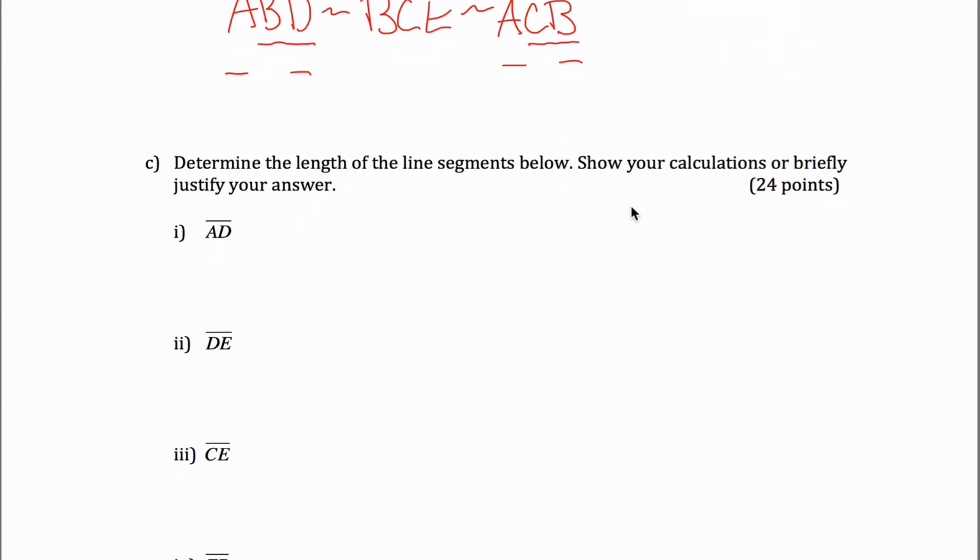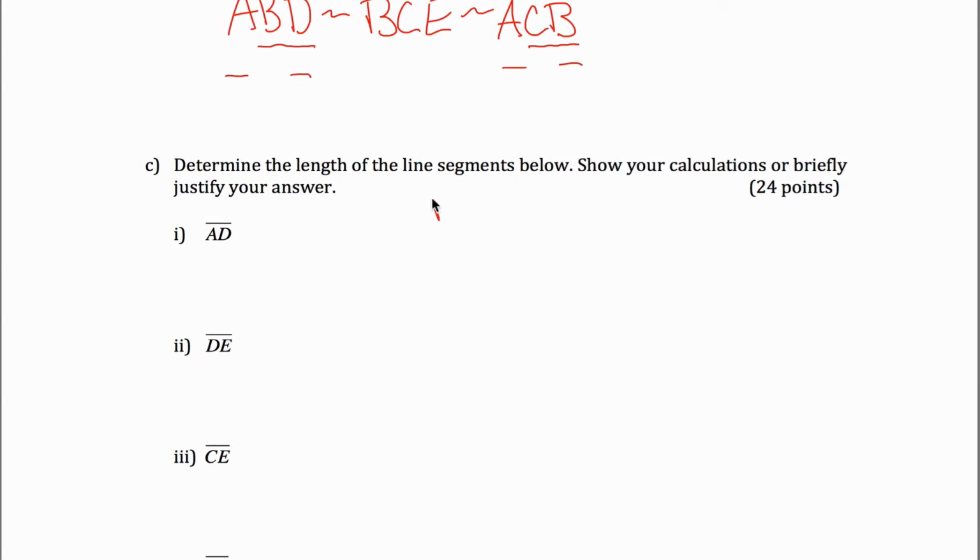So using similarity, maybe I can say, because ABD is similar to ACB, then I have that length AD divided by length BD must be the same as length AB divided by length CB.